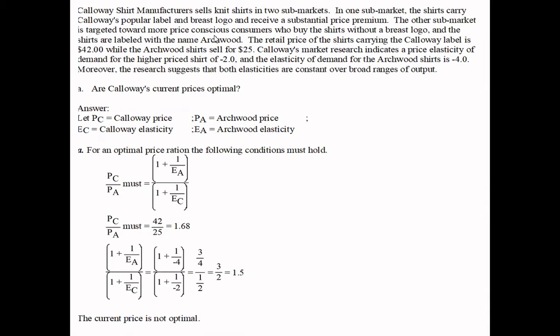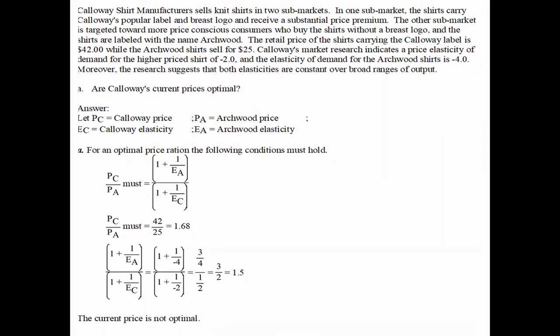If we look at the retail prices, what do I mean by retail? They have a wholesaler and then we have a retail. It is 42 for this product, while another company is selling it at 25. So now we have two different prices, 42 and 25.